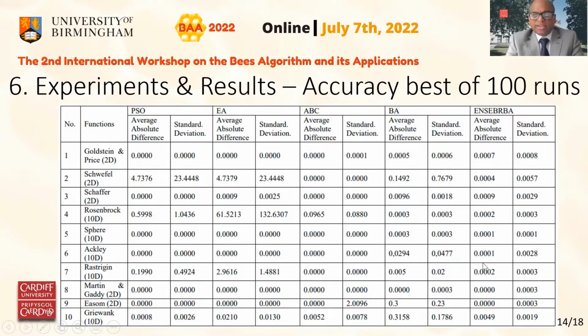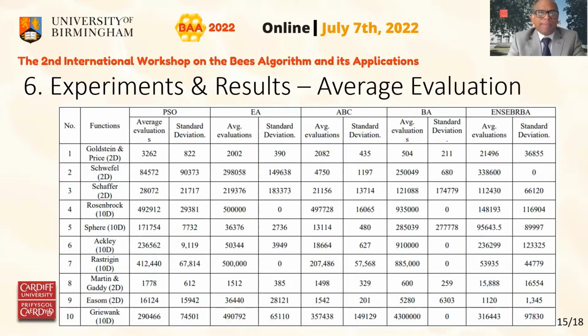Okay, as you can see, the results are not bad. They don't always get the best results compared to other algorithms. It depends on different functions. So the message is one size doesn't fit all. You have to see which problems suit your algorithm best. Okay, this is for the timing.